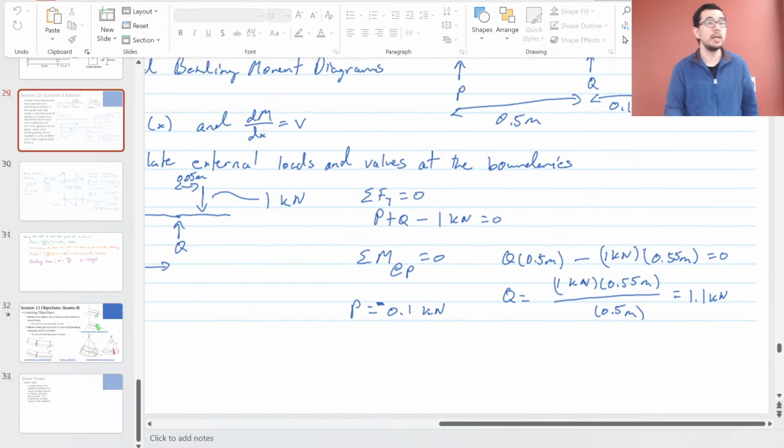We don't have to worry about P because we're doing the moments about P. This is just for the external equilibrium. So then we can figure out what P and Q are.